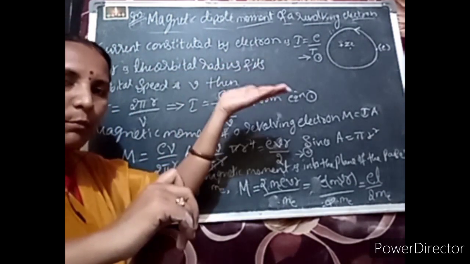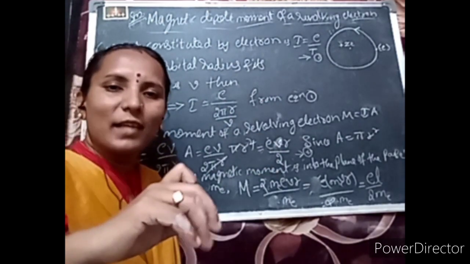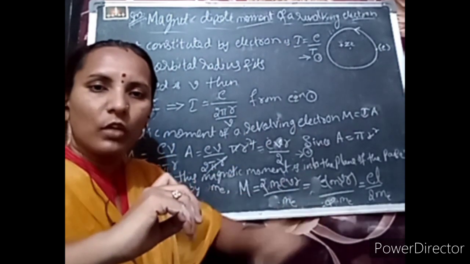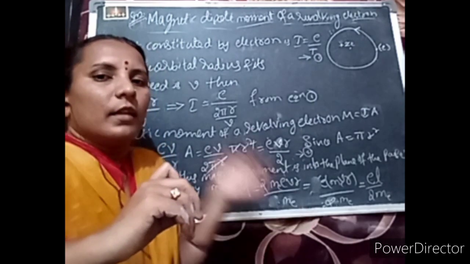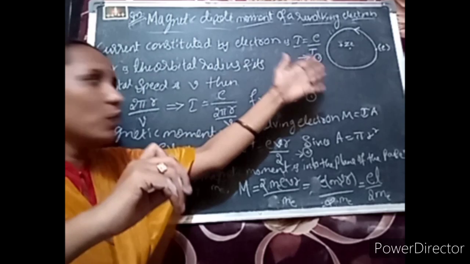The time period can also be written as T is equal to 2 pi r by v. 2 pi r is the distance covered by the electron in a time period T with the velocity v. Then substitute this T in the current equation.